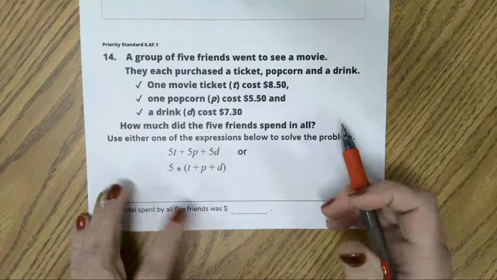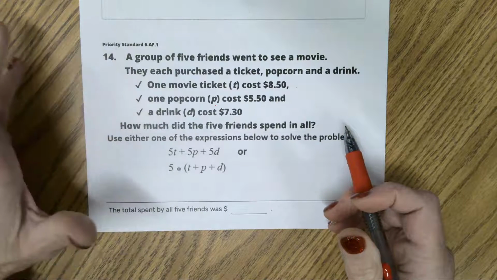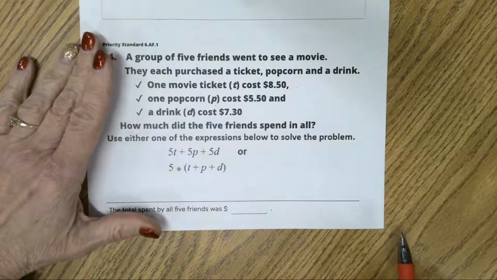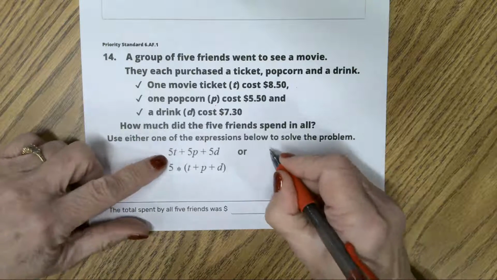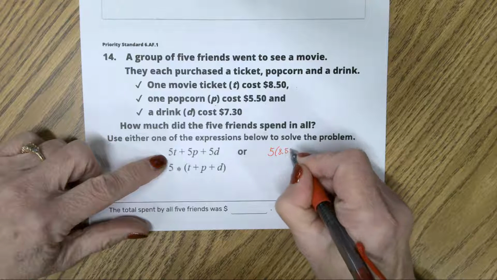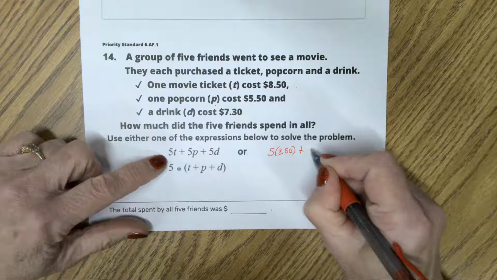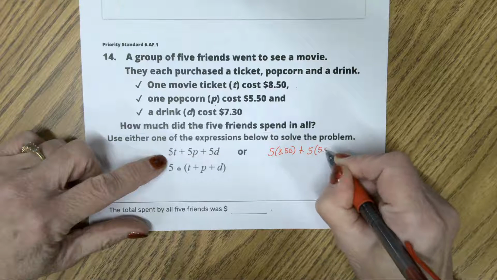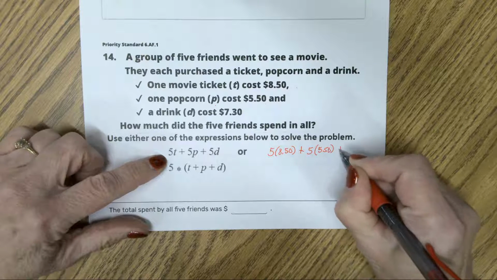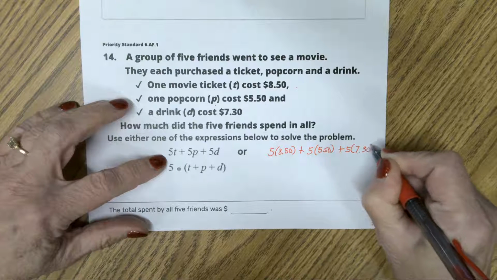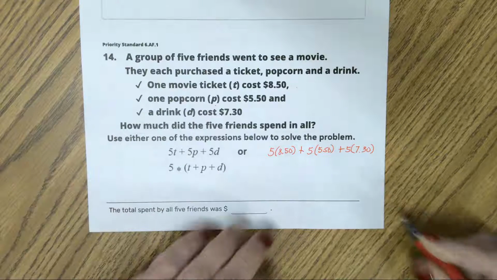I'm going to show you how to use both of them. It doesn't matter which one. You only have to do one of them. So let's go. This says 5 times T, so 5 times $8.50 plus 5 times $5.50 plus 5 times $7.30. Now we can't use a calculator on this.